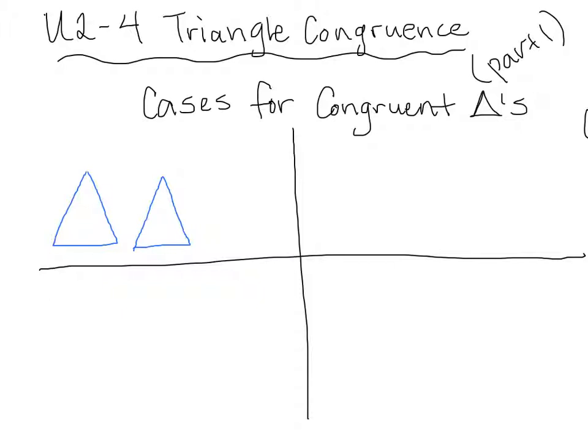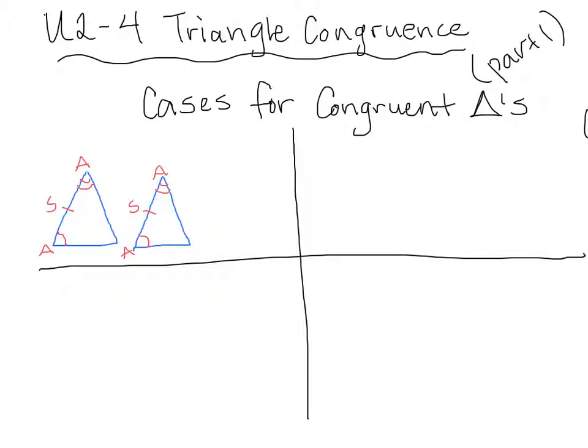Now let's say that we're given this bottom left angle is congruent to this bottom left angle. This side is congruent to this side. And this top angle is congruent to this top angle. So in order, we know an angle, then a side, and then an angle is congruent to this angle, side, angle.